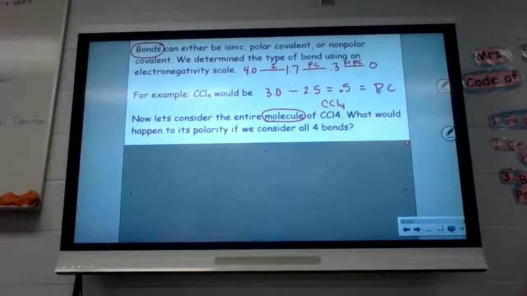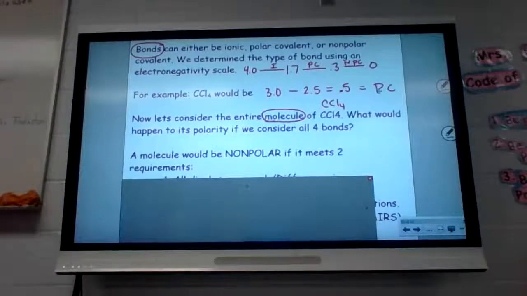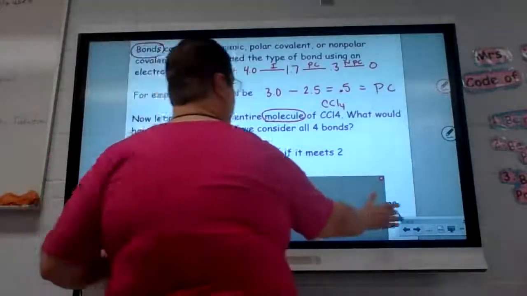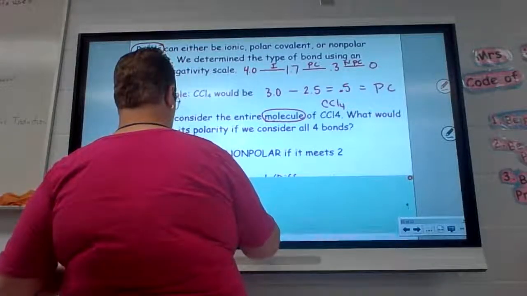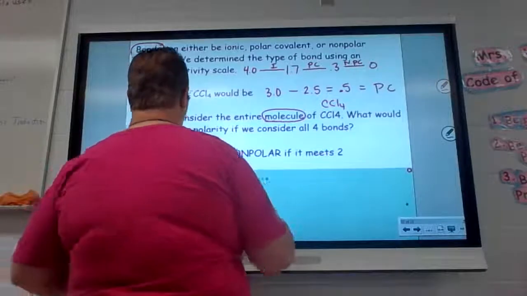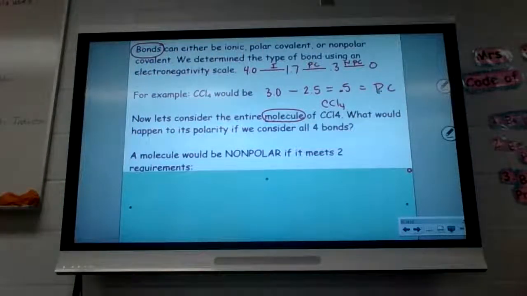Are you talking about like multiplying 4 by the? Nope. We're going to have to look at all 4 bonds in the Lewis structure. All right, so in order for a molecule to be nonpolar, there are lots of ways for it to be polar.